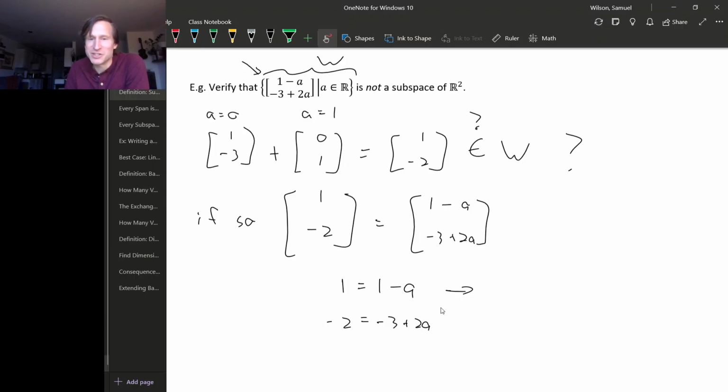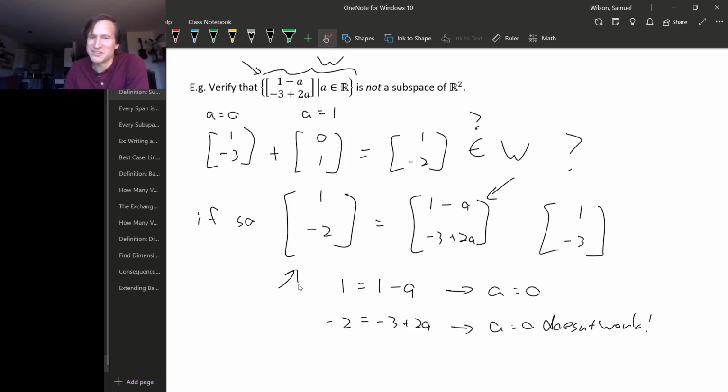This first equation, we can solve this for a. This says that a has to be 0, but in the second equation, a equals 0 doesn't work. If you put a equals 0 into this template, what you get is 1, minus 3. You don't get 1, minus 2.